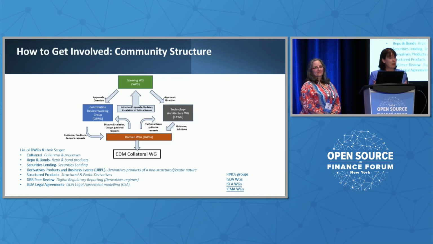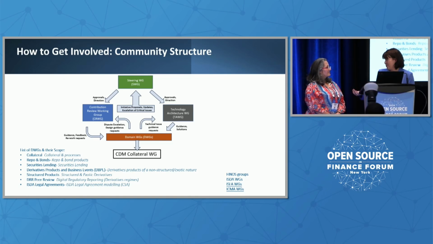And again, that's cross-trade association, so it is not ISDA specific. You can see myself, one of my colleagues, or one of the other trade association representatives at the CDM booth if you have any questions about getting involved, any questions about a use case, or questions about ISDA Create or Colleen too, while we're at it.